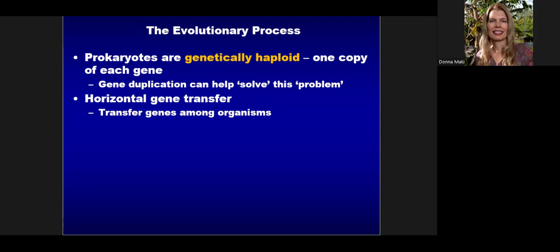So neighboring cells can switch and swap DNA. When that was initially discovered, it was huge news and almost met with disbelief. It's like, how, what? But they really can do this. And it has led to some very interesting traits. It's also led to some scary issues for us, which we'll talk about.